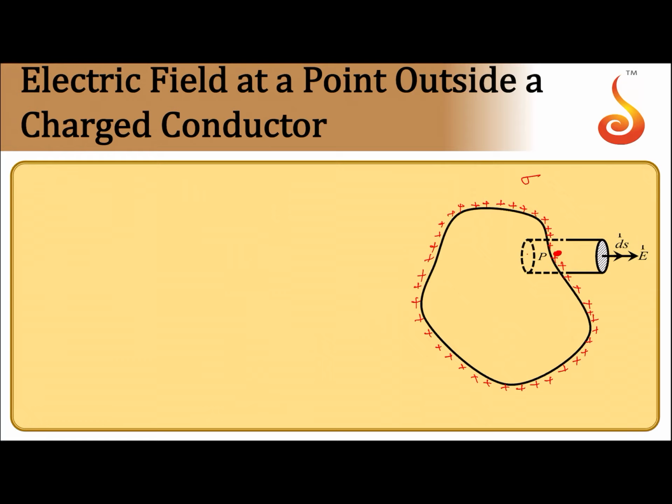Since it is along the axis of the cylinder, I will choose the axis of the cylinder to be perpendicular to the surface, normal to the surface. Since it is normal to the surface, according to electrostatics of conductors, the electric field should also be along the axis of the cylindrical pillbox at point P.